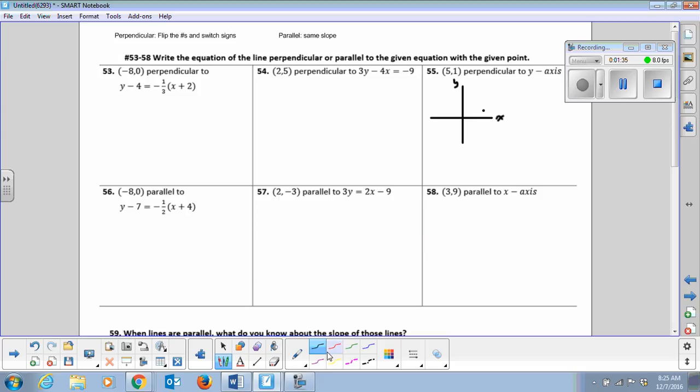And we want to have this line be perpendicular to my y-axis, which means that my line needs to go horizontally through that point. And a horizontal line has a 0 slope and my line is always y equal to whatever number it passes through. My y here is 1, so on 55, this is all I need.